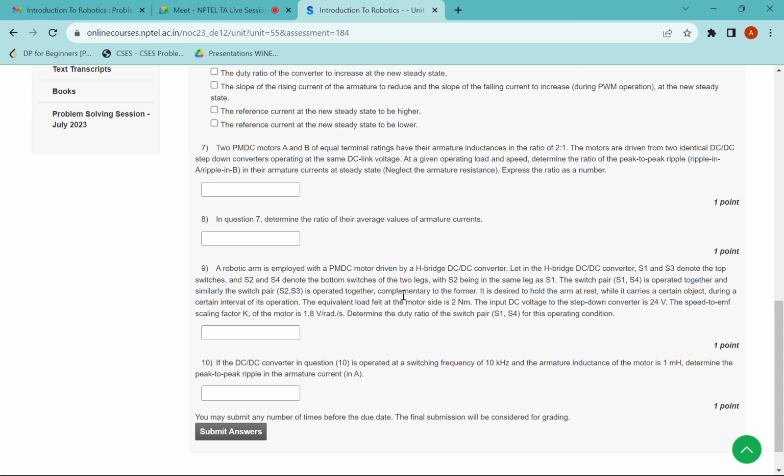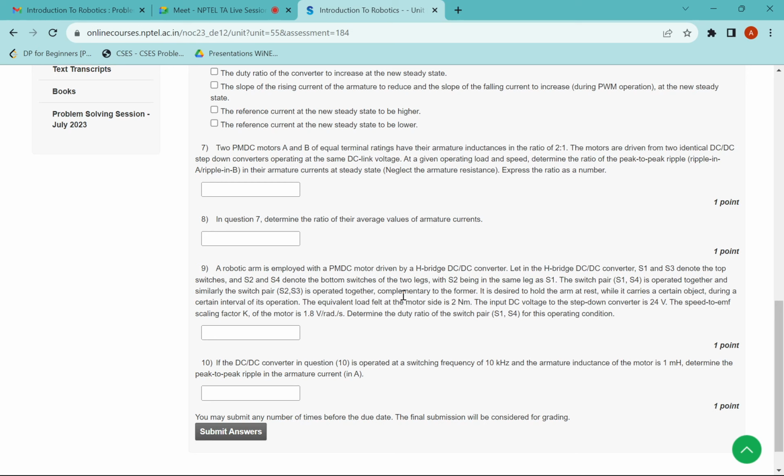The switching frequency is given and the armature inductance LA is given.